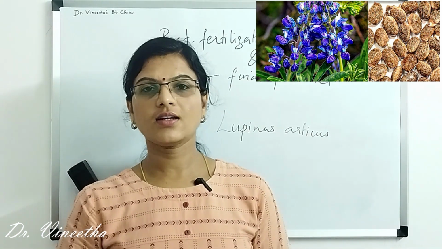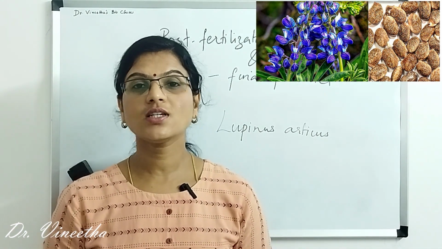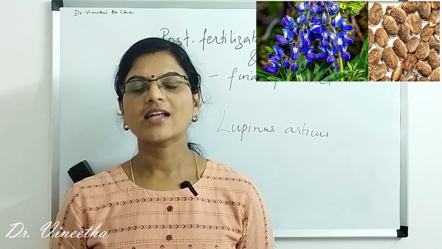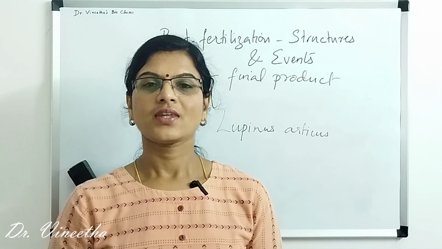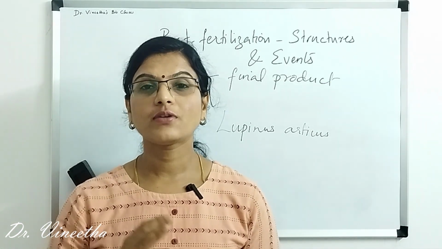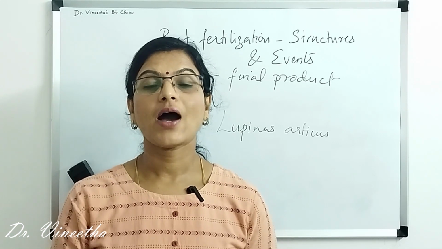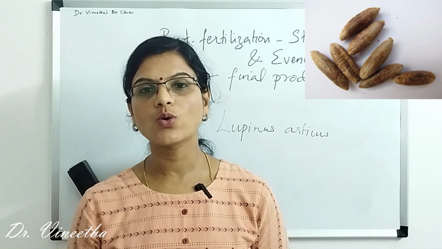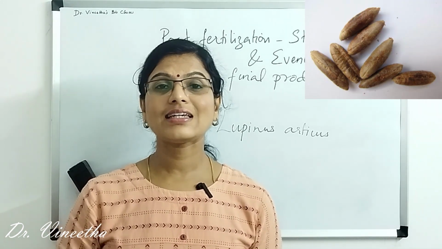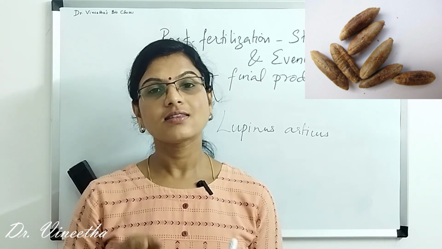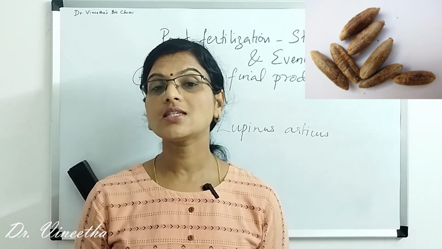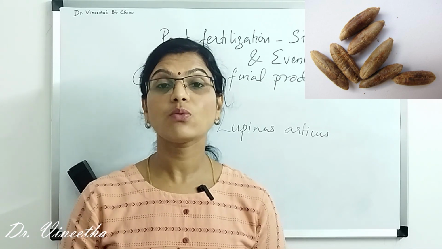This Lupinus arcticus is nearly 10,000 years old, and it was excavated from the Arctic tundra. Another seed, of date palm, which was about 2,000 years old, was excavated at King Herod's palace near the Dead Sea. And this seed, which was 2,000 years old, was found to be viable.